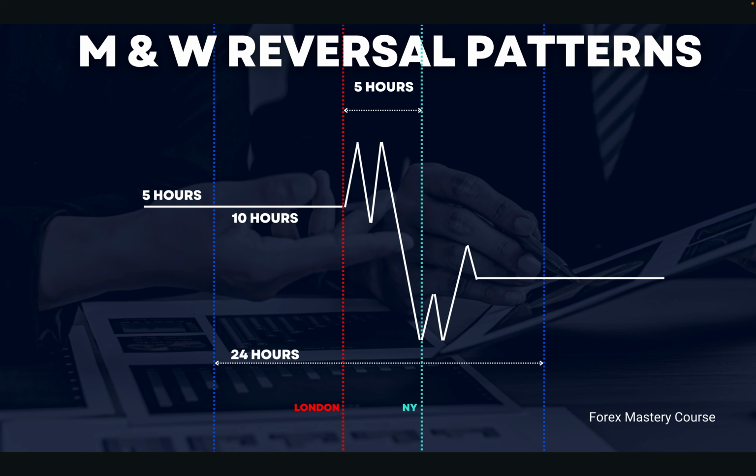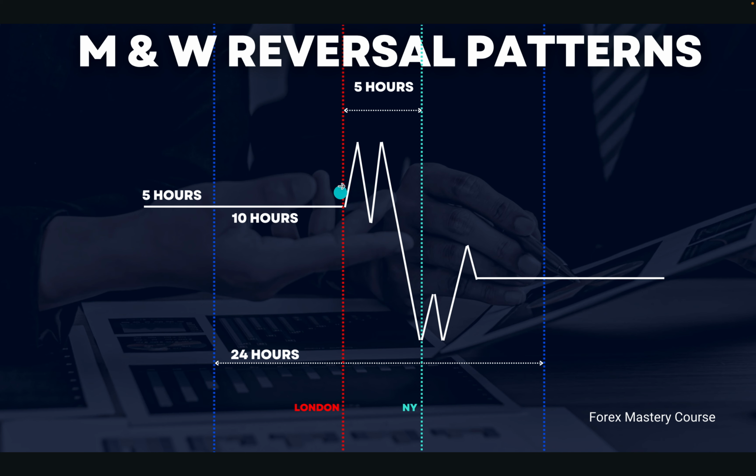Here we have the daily structure plus the sessions plotted out. Right here we have the start of the day. We have the end of the day marked in these blue lines. Then we have 10 hours in consolidation. And then right with this red line, we have London session.